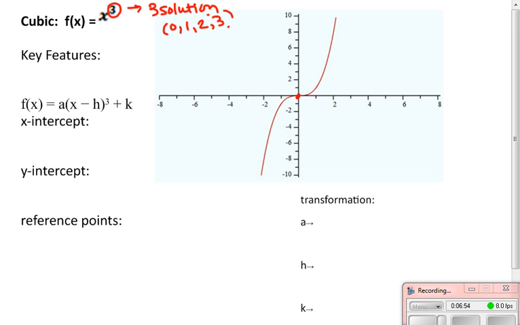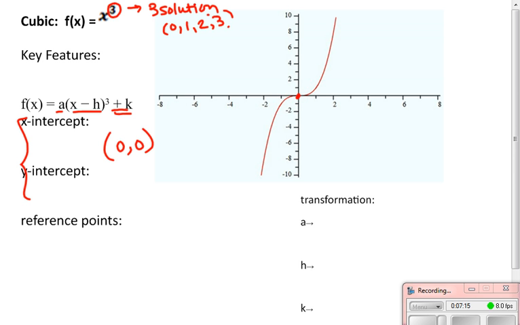So some key features: we've got f of x is equal to a times x minus h cubed plus k. And again, we see that x minus h that we see in all of ours, the plus k and the a. So in our parent, we will always cross the x and the y-axis at 0, 0.